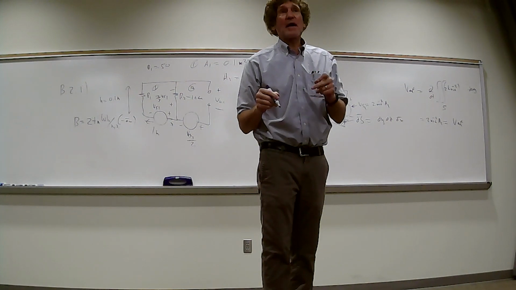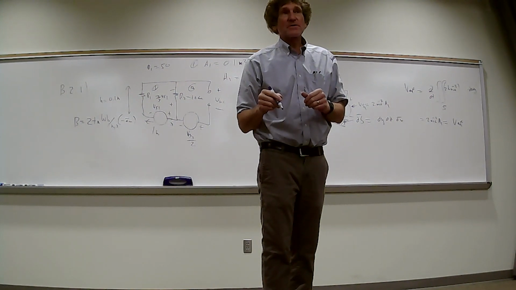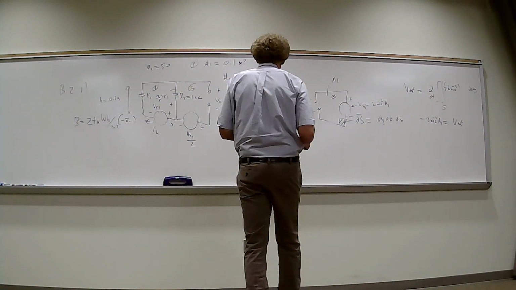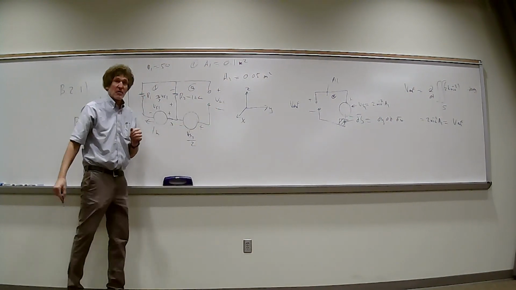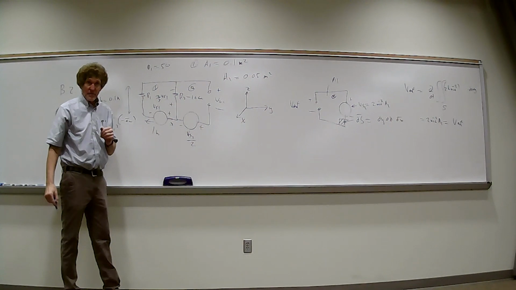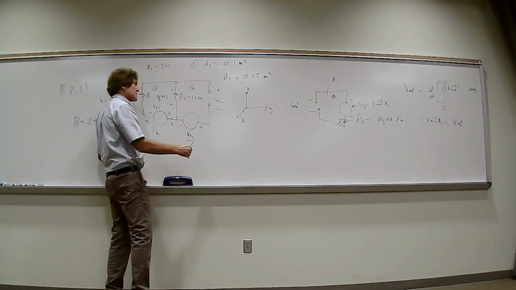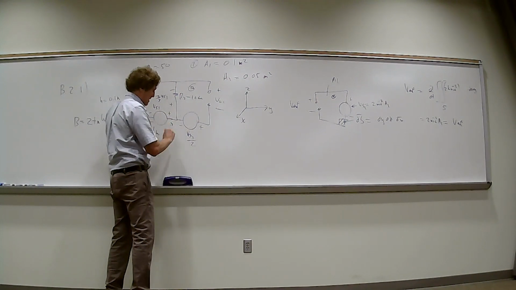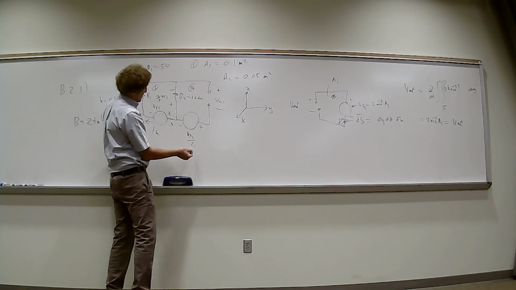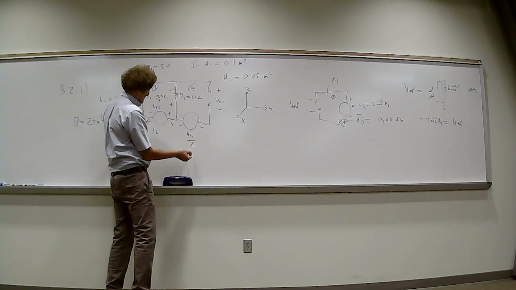Now, some people, I think, were a little confused at what I said last time. You realize the sum of the voltages around any closed loop is 0, right? Now, you can write that equation. If I start here, it would be the voltage drop here. It would be minus VS1 over 2.